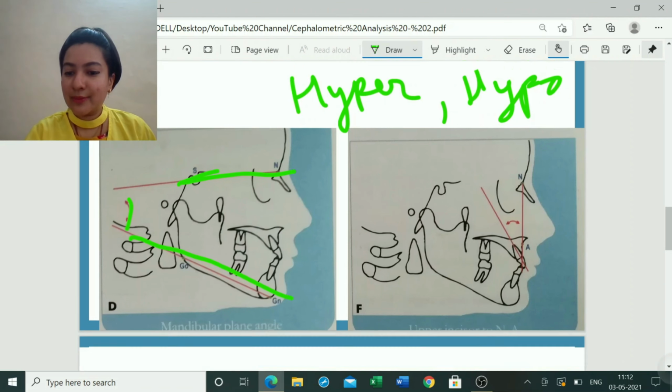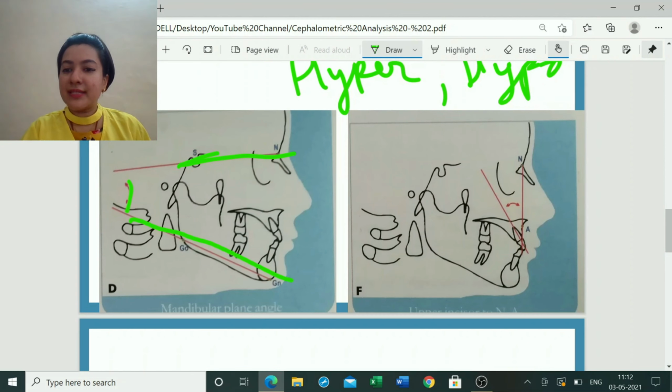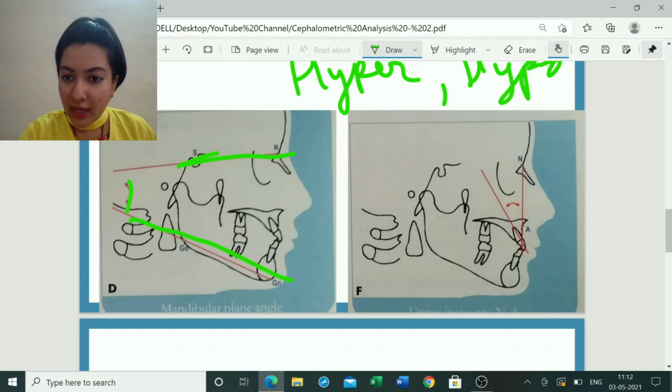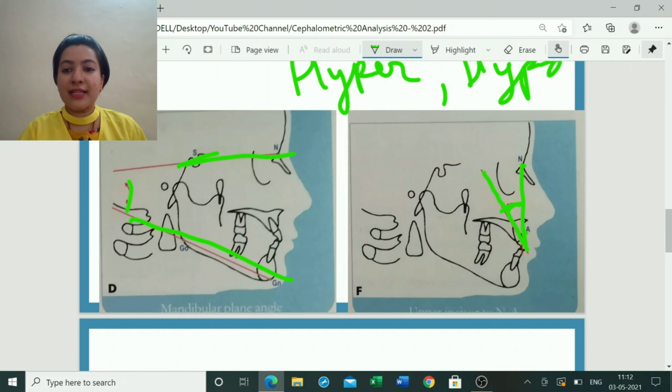Now, next parameter is upper incisor to NA. This is the name of the parameter. So I'll draw a line touching nasion and point A, and I will draw a line along the long axis of upper incisor. So this angle which I am getting is my upper incisor to NA angle.